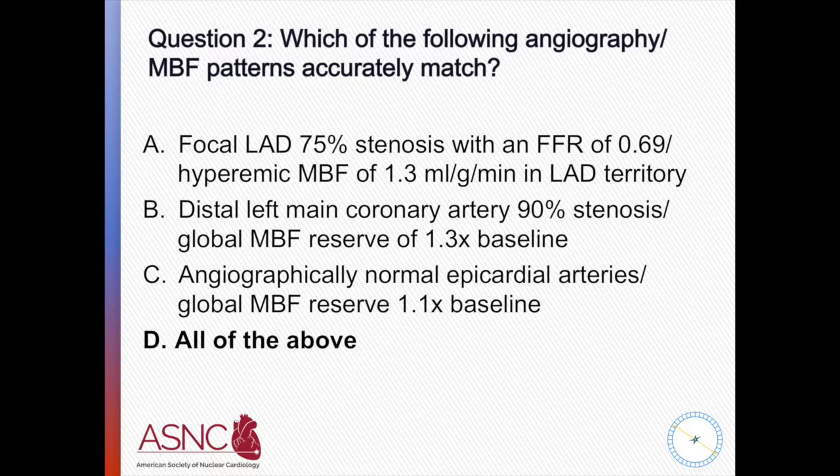With regards to scenario C, you may be able to see abnormal global MBF reserve in the absence of epicardial coronary disease in situations where there is diffuse and severe microvascular dysfunction. That might be an indication of impaired coronary vasomotor function, or a vasodilation stimulus that was ineffective in that particular patient.